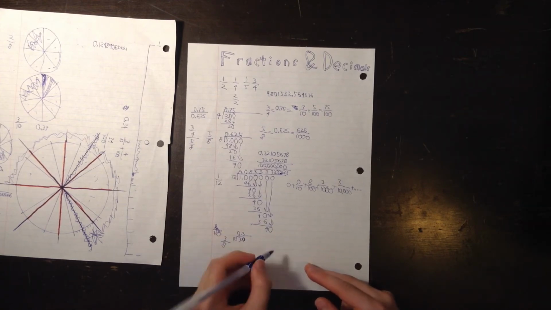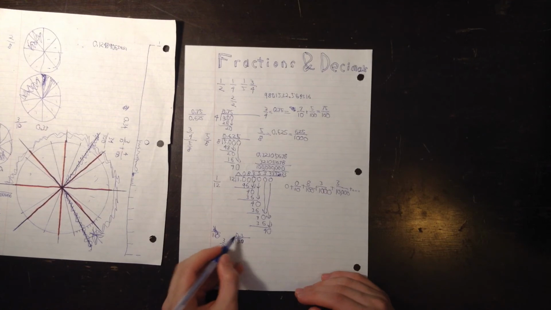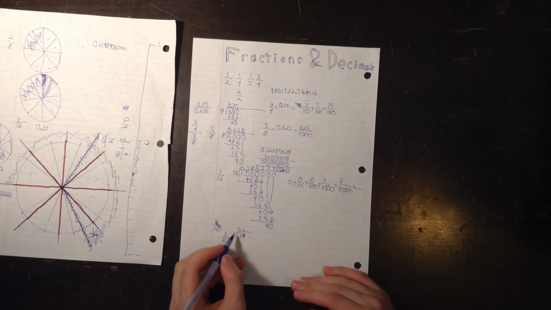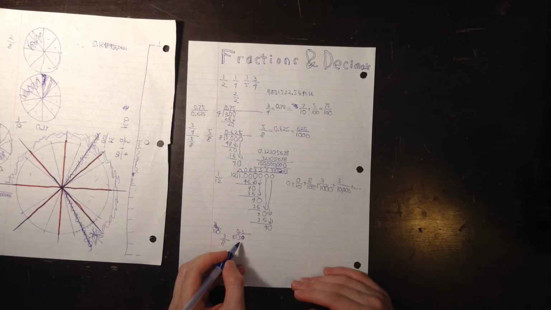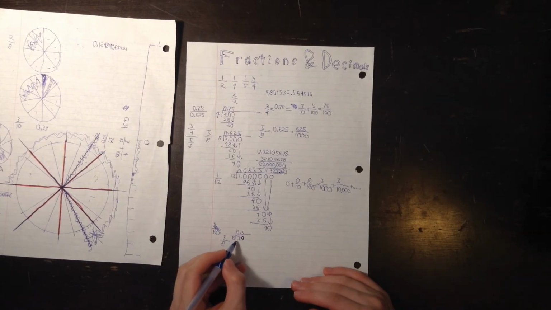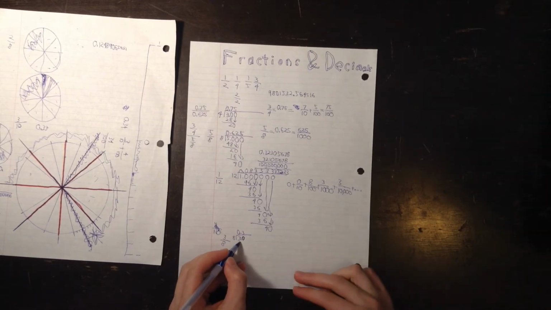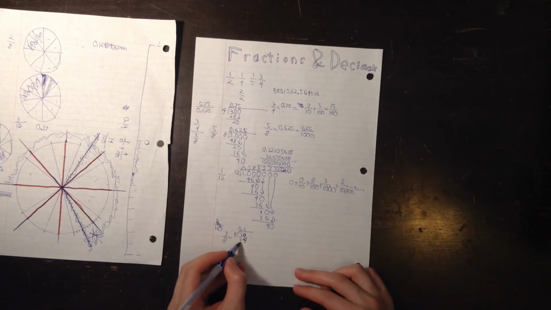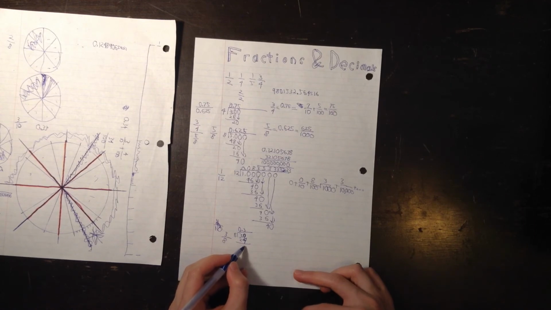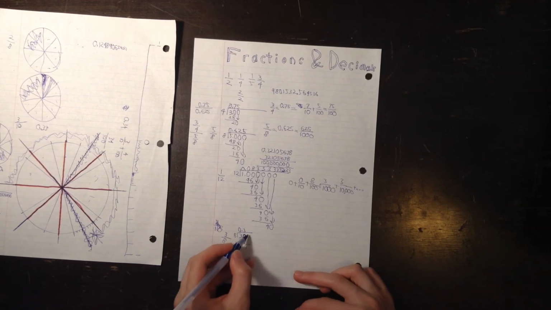I'm jumping a bunch of stages here, just so that we can do the division faster. 8 goes into 33 times, and 3 times 8 is 24, that is 5, and that's 6 left over.